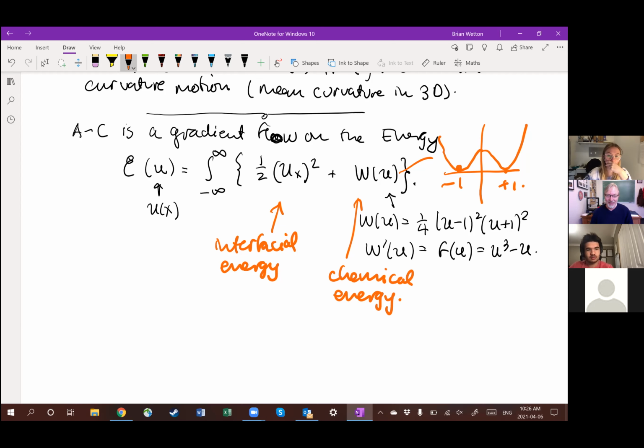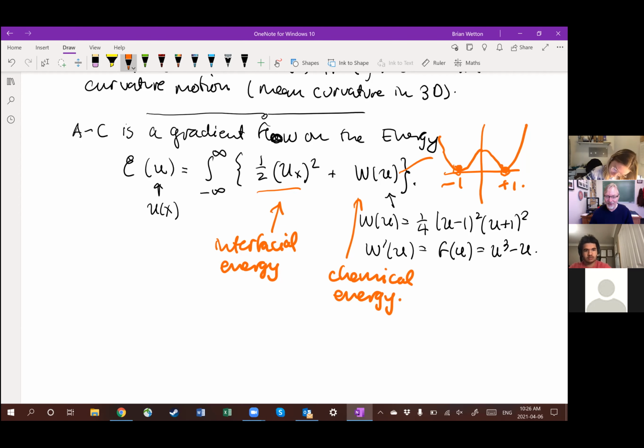So hopefully it'll leave. Okay, so right, the dynamics want to decrease the energy. We haven't seen that yet, but I'll show it to you, right? And so it wants to end up in one of these wells, right? Because that's where the energy is the lowest, right? In either, you know, one phase or the other, right? But if you have a mix of -1 and +1, right, then you get penalized, right?